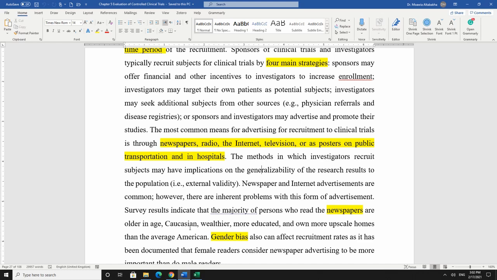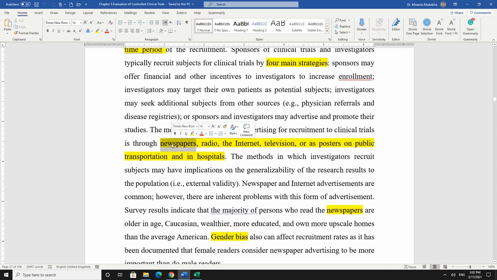And actually they found that people who use the internet are younger in age, so here there is a problem of selection bias, okay? Because instead of targeting all people who might have the disease, age is an influence here. If you are using the internet, you are targeting younger people, okay?